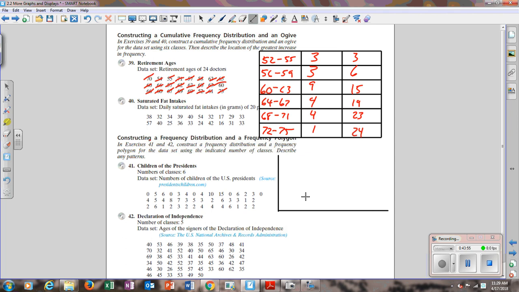We're going to have 53.5 and 57.5 and 61.5 and 65.5 and 69.5 and lastly 73.5.